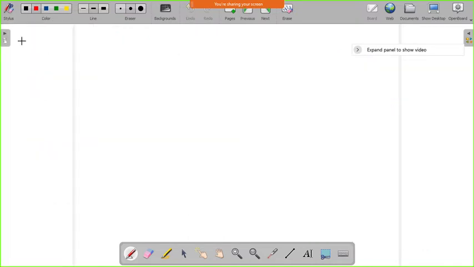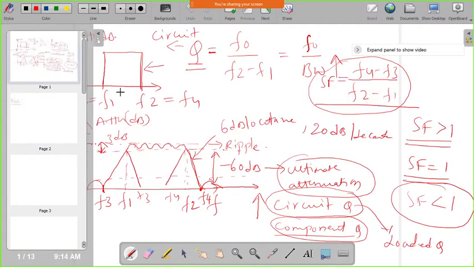And ripple: if I want to define ripple, what is a ripple? Ripple is what we have already seen here. It is the difference between the maximum attenuation in the passband and the minimum attenuation in the passband. It measures the flatness of the resonance circuit, how flat it is in the passband.